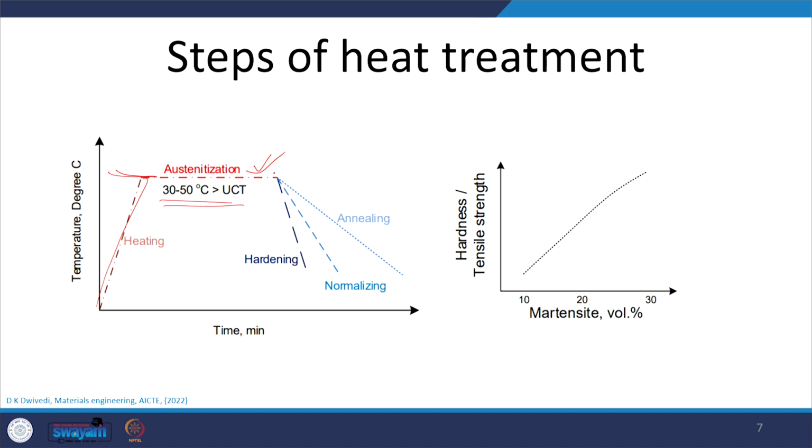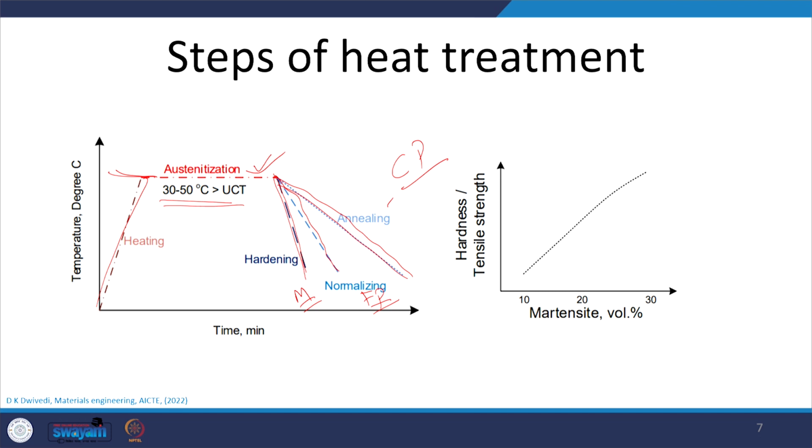Thereafter, a low cooling rate is imposed for annealing, which results in coarse perlite. A little higher cooling rate is used for normalizing, which leads to fine perlite, and we have still higher cooling rates for achieving martensite for higher hardness. These are the three most common types of heat treatment.